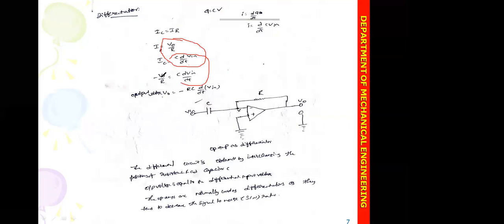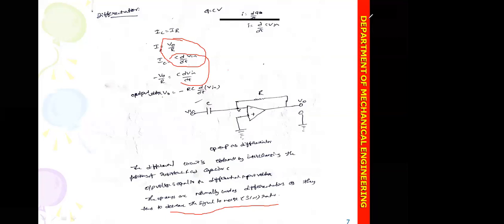Thereby the output voltage V naught is equal to, R goes to the numerator, minus RC d by dt Vin. That is the thing. This is especially used where we need to decrease the signal to noise ratio.